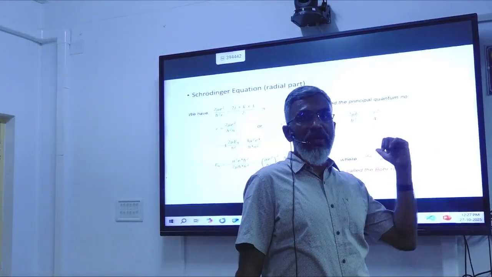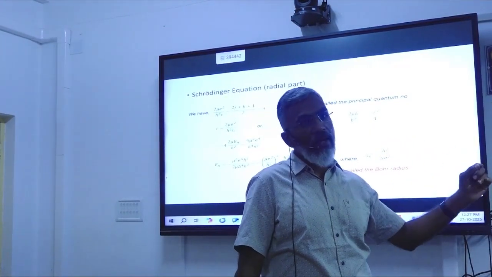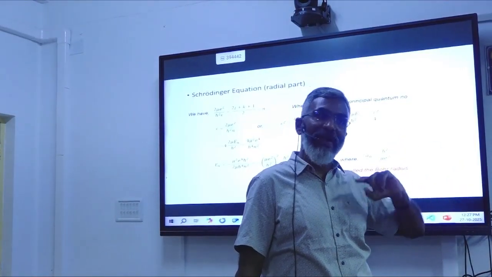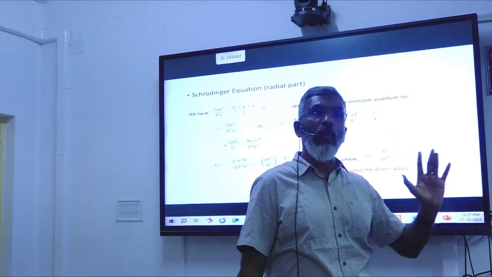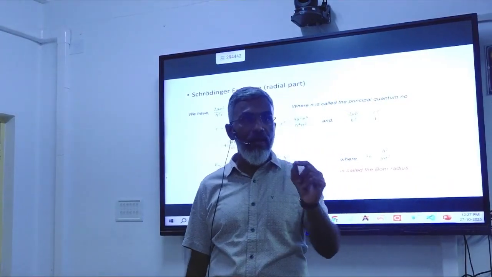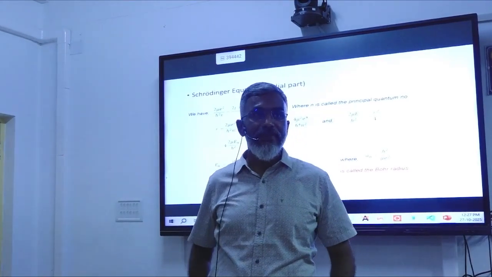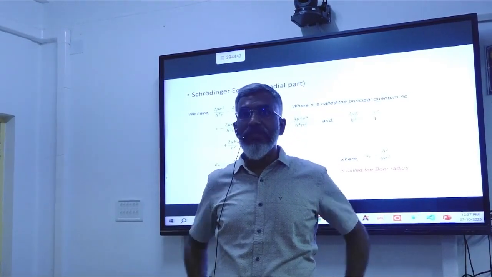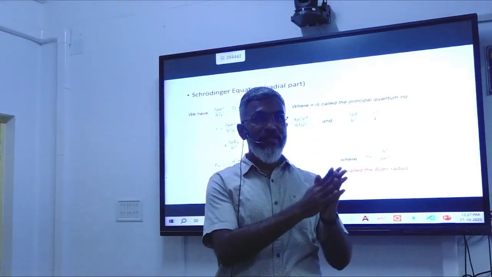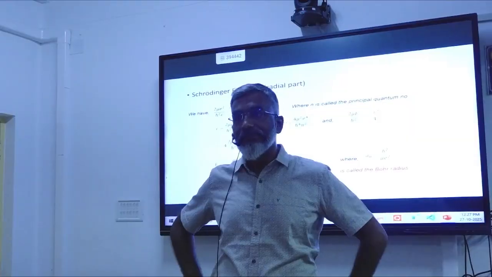We have not used Z here because I'm specifically solving for the hydrogen atom. But in the beginning I said you can solve the same thing for hydrogen-like ions, that is, any one-electron system. The only difference is instead of e squared, you need to write Ze times e. Because it's like Q1, Q2, right? Q1 is Ze and Q2 is e.